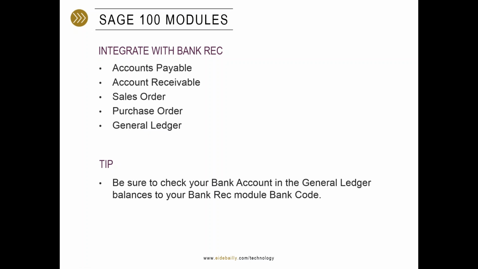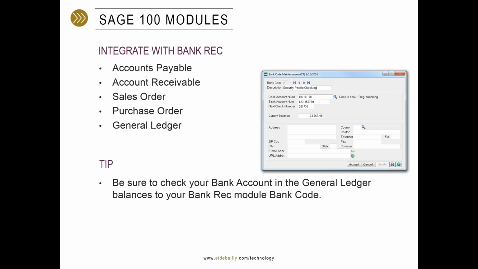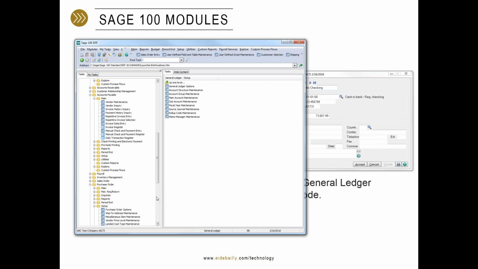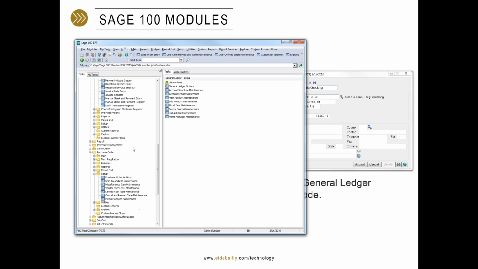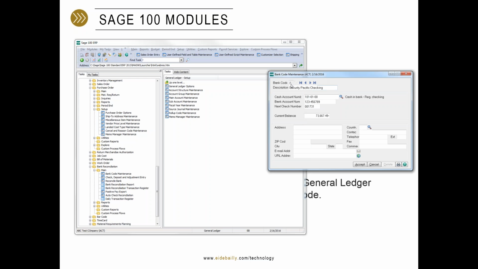The first step that I see a lot of our clients haven't realized, or nobody has ever let them know of, is that your bank code needs to balance with your checking account in the GL. So if you go into the BankRec module and you pull up your bank code maintenance, the bank code here is tied specifically to your general ledger account here.